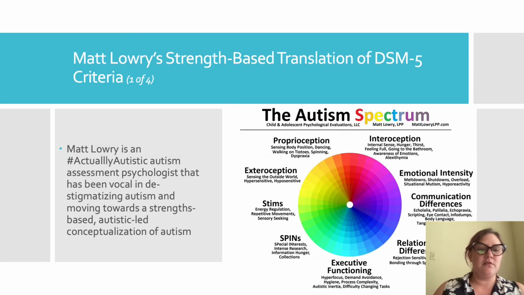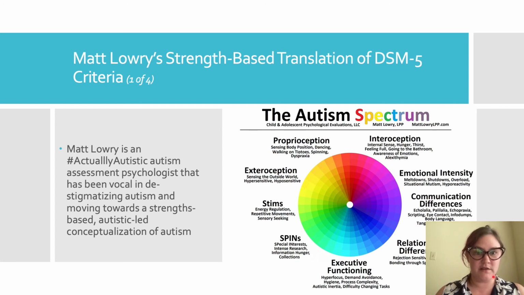So I'm going to share with you one translation of DSM-5 criteria by an autistic psychologist named Matt Lowry, who does psychological evaluations for kids and adults.